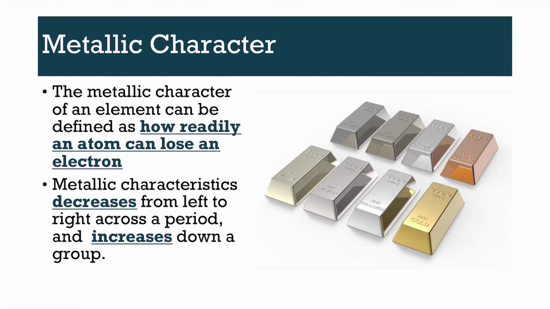Okay. So just going over a few different properties, the definition of metallic character is how easily or readily an atom can lose an electron. So again, when we talk about bonding, metals tend to lose electrons and nonmetals will gain them, and we'll talk about why later on. So metallic characteristics decrease from left to right.